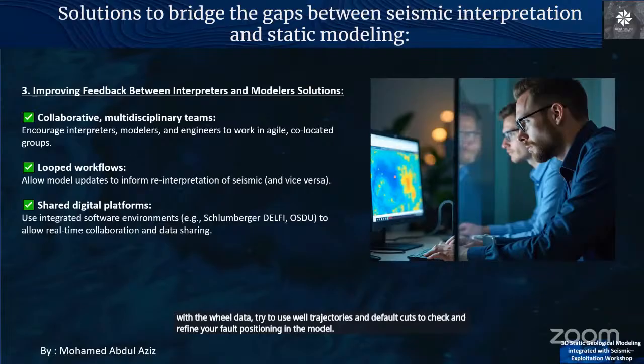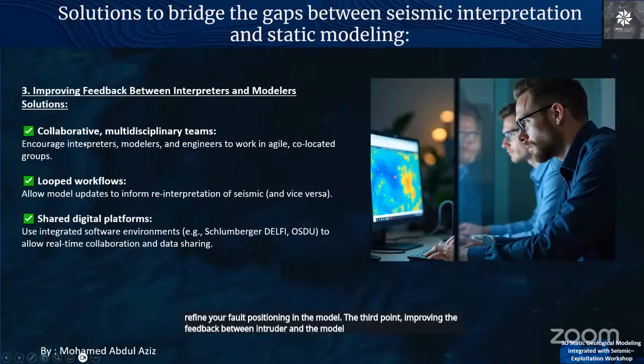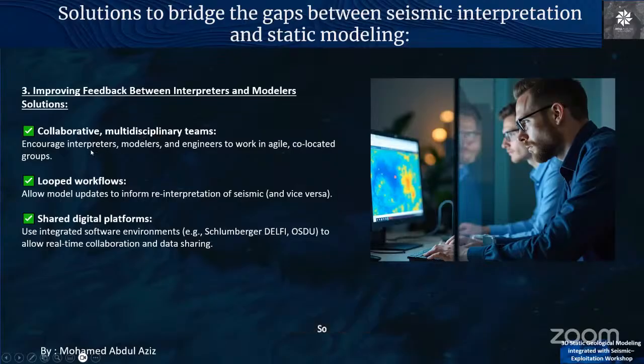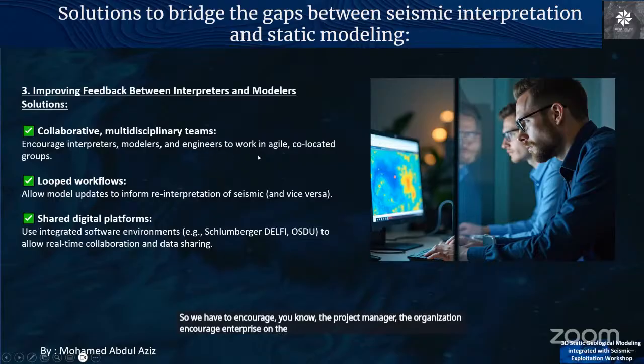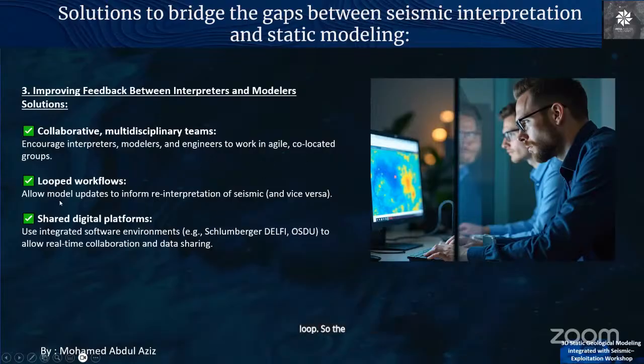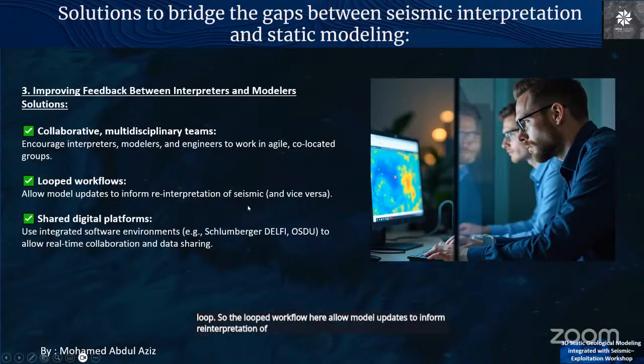The third point, improving the feedback between interpreter and the model, through collaborative multidisciplinary teams. So we have to encourage, the project manager and the organization, the interpreters, the modelers and engineers to work together in co-located groups. We need to close this loop. The looped workflow here allows model updates to inform reinterpretation of seismic and vice versa.